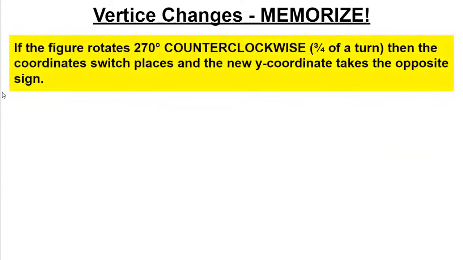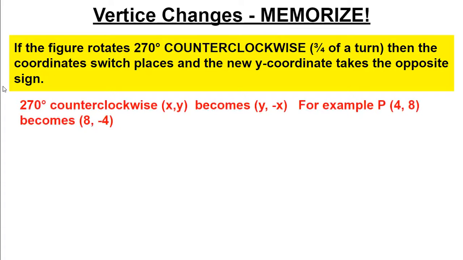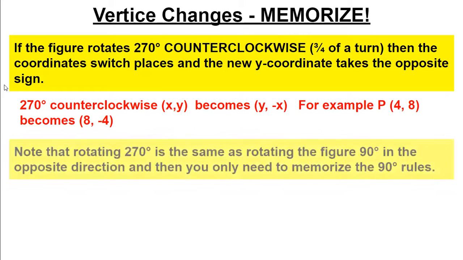If you have a 270 degrees counterclockwise turn, that's 3/4 of a turn, then the coordinates will switch places and the new Y coordinate takes the opposite sign. So X, Y would become Y, negative X. For example, P, if it's 4, 8, becomes 8, comma, negative 4.